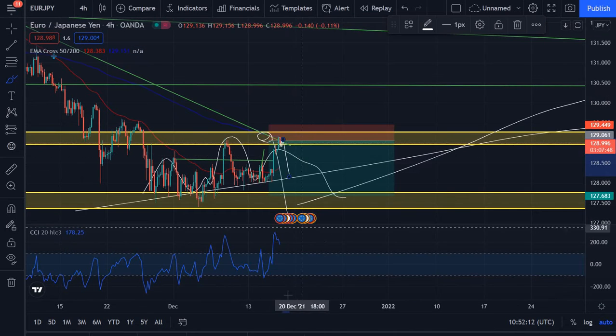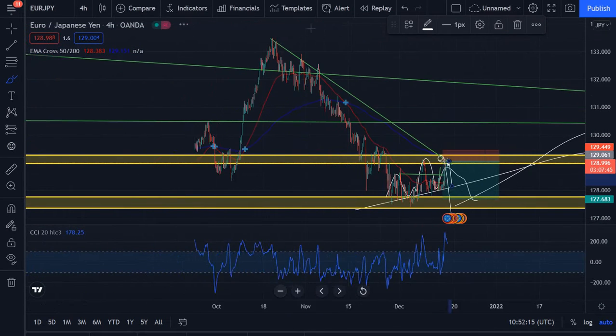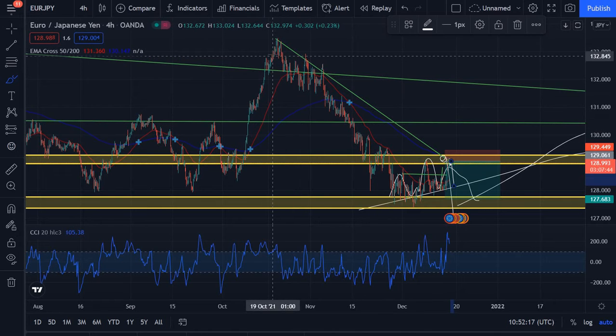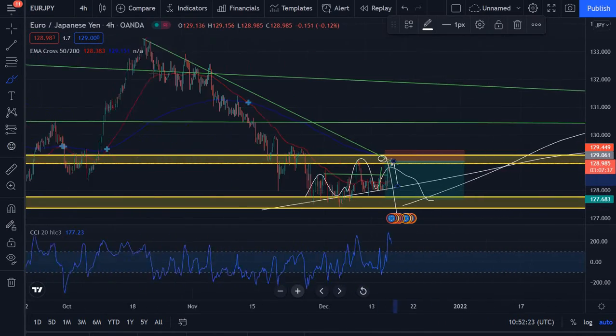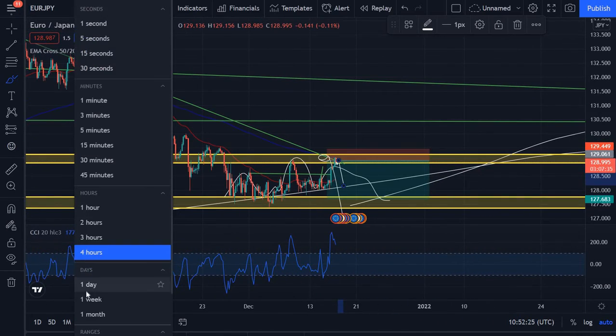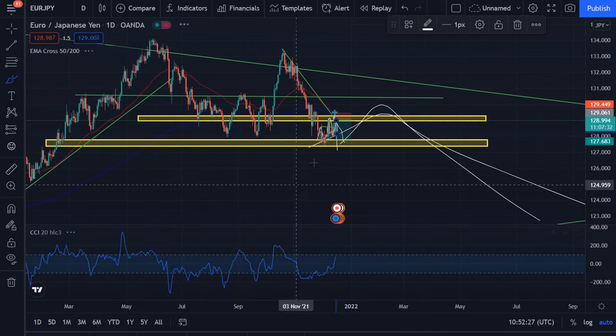But since the trend has been bearish for quite some time, this is where I would look for a shorting option on Euro Japanese yen.